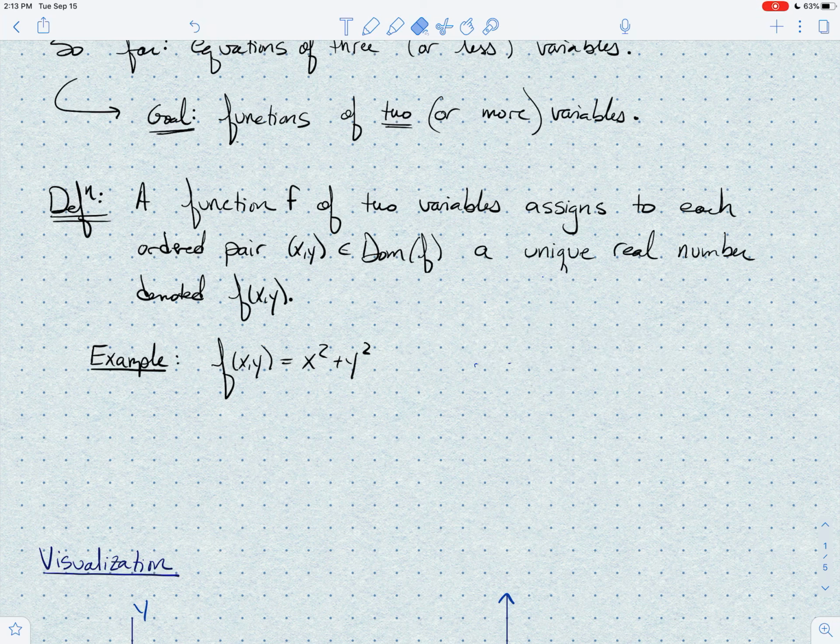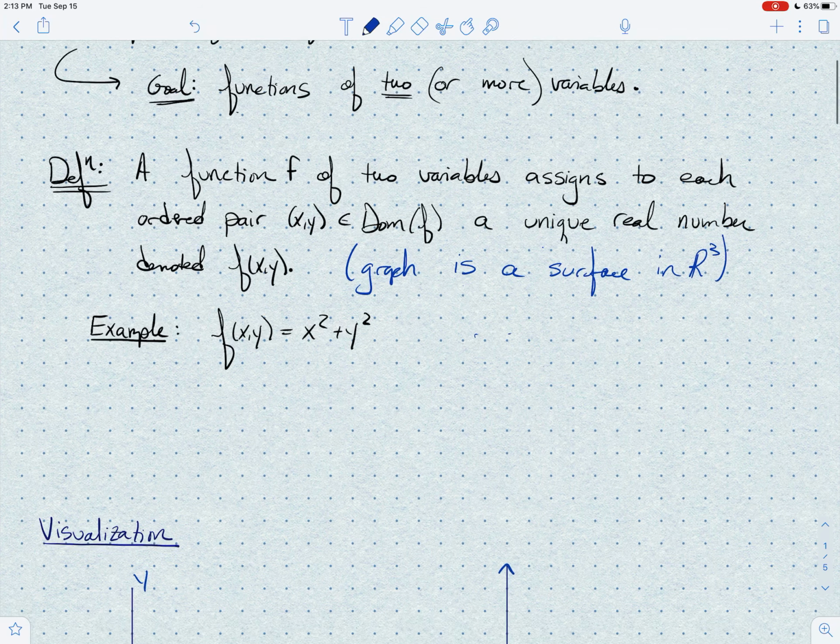What I want you to realize is that functions of two variables actually trace out a surface. So the graph of a function of two variables is a surface in R3. It's a surface in three space.